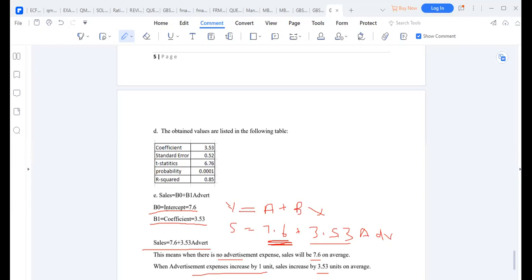Any questions? Collins, the 3.53, what does it mean? Can somebody interpret that? It means when you make an advert, you get an additional sale of 3.53. Okay, thank you for that.